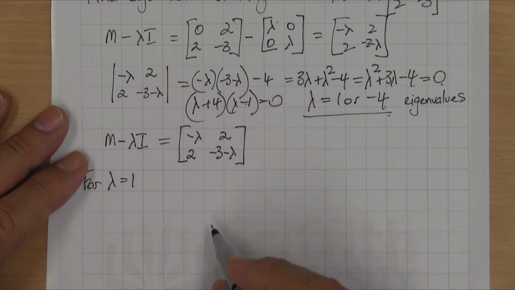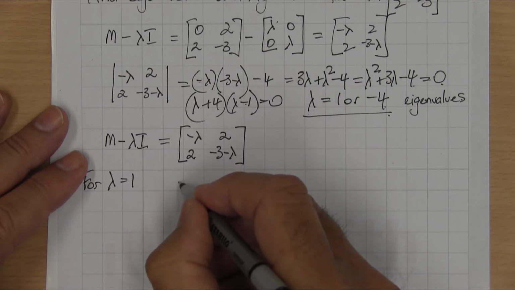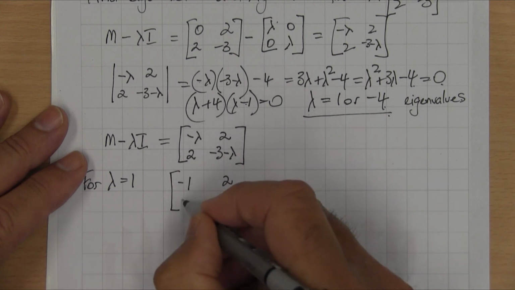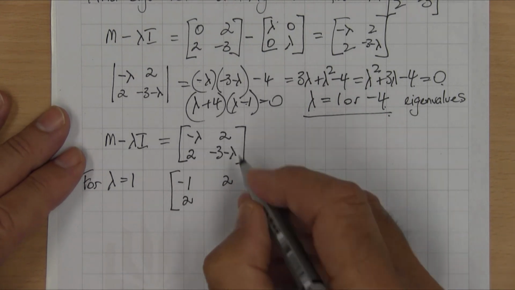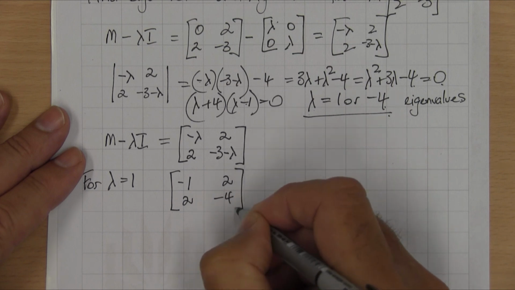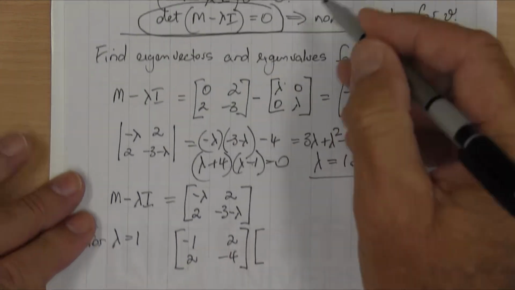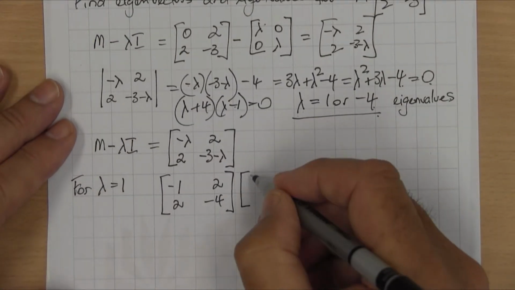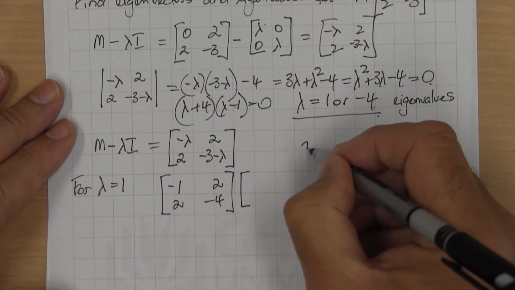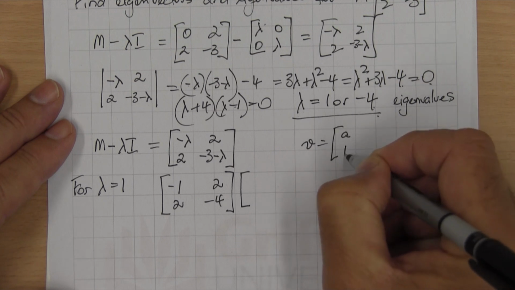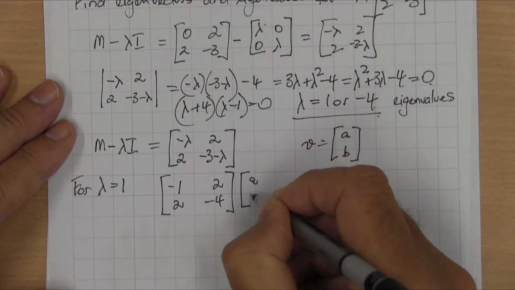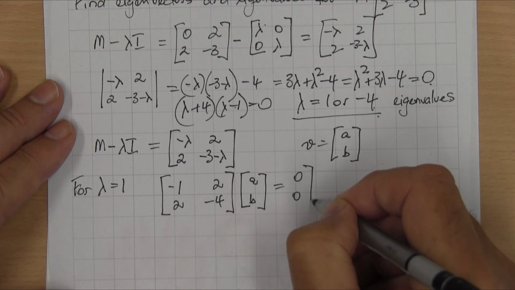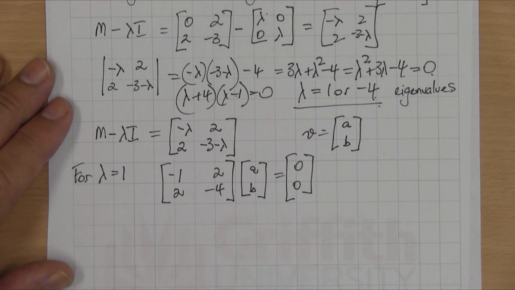What does this become? It'll be equal to negative 1, 2, 2. Lambda equals 1, that'll become negative 4. Times my vector v, so go back up here, this times v has got to be equal to 0. Now we'll let v equal (a, b), and we can solve for a and b, and that's got to be equal to the 0 vector.